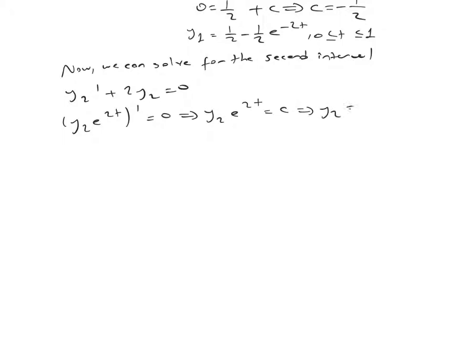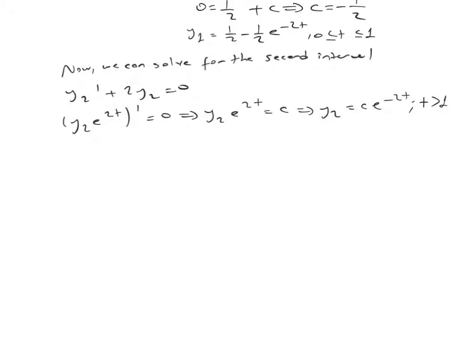So y2 is equal to c times e to the minus 2t, where t is bigger than 1. And here we solved the differential equation separately for the two time intervals, which are separated by the jump discontinuity, which occurs at t is equal to 1.